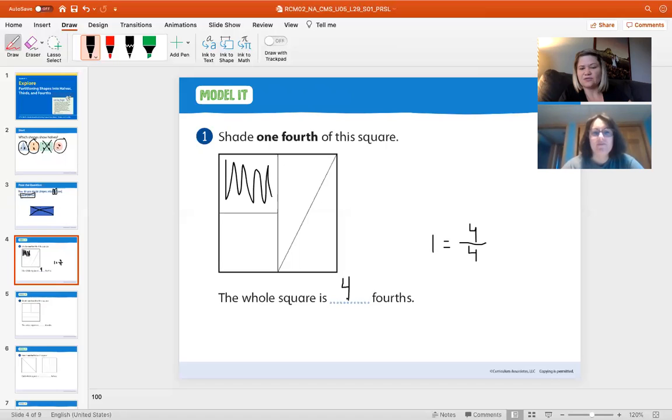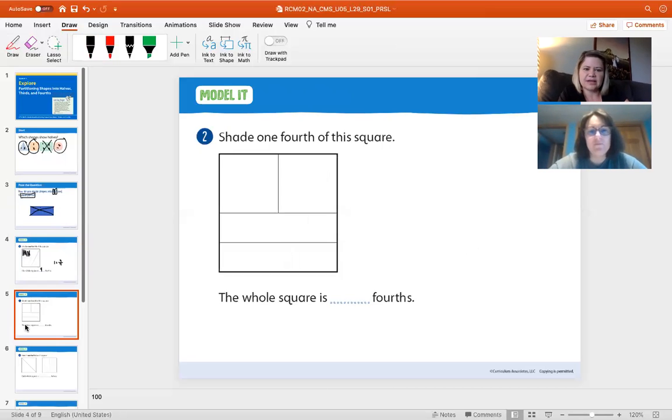Do you see how this says 4 fourths? That's what this means, 4 fourths, and it's saying 1 whole square. Does that make sense? It's a little bit harder math, this part is, but that's where it relates. Okay, let's look at the next slide.